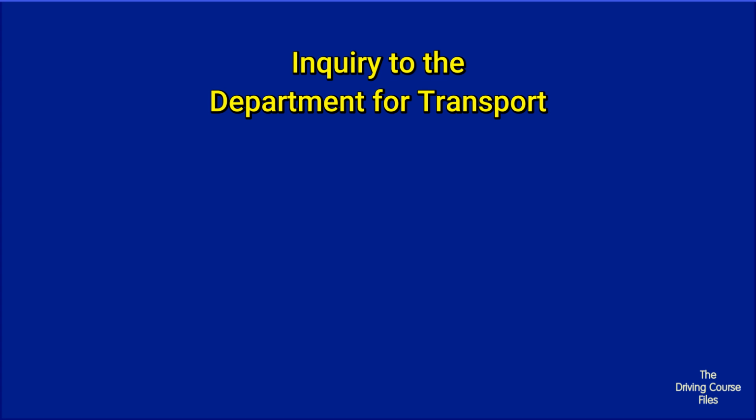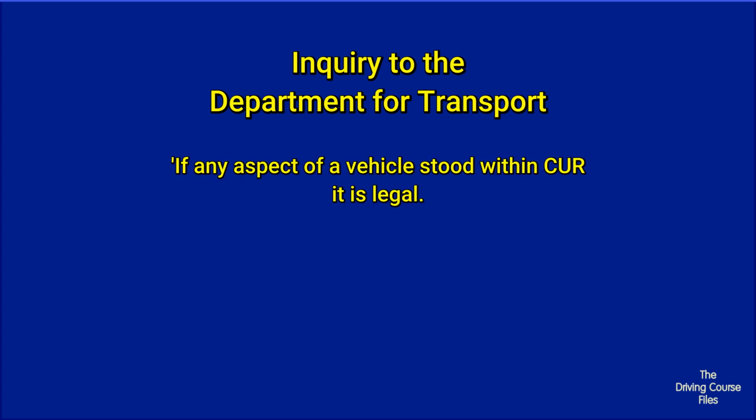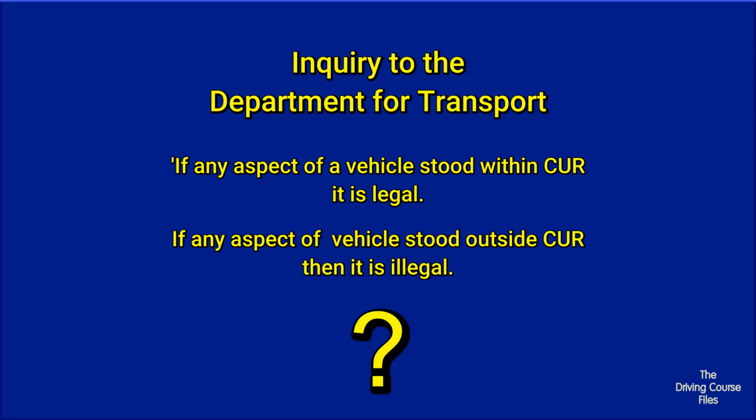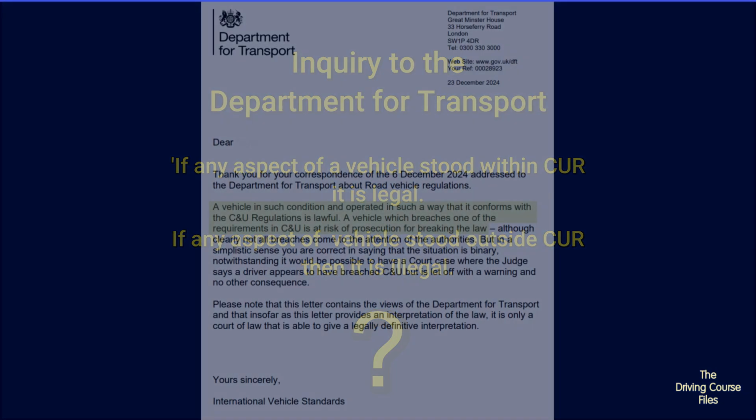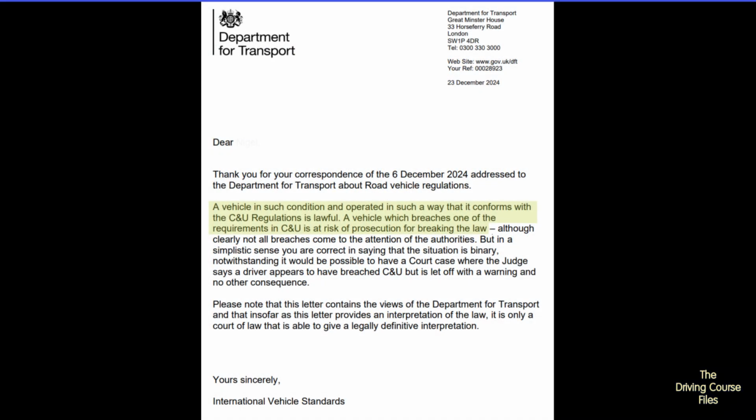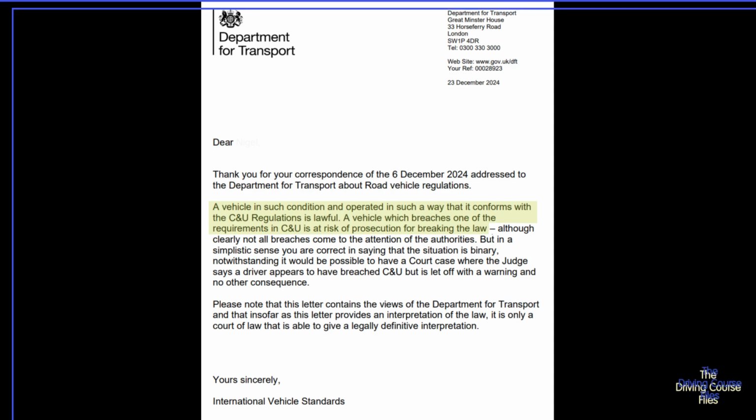Writing to the Department for Transport, I inquired if it agreed if any aspect of a vehicle stood within CUR it is legal, and if it stood outside it then the status is illegal. The DFT replied it agreed that the situation is binary.